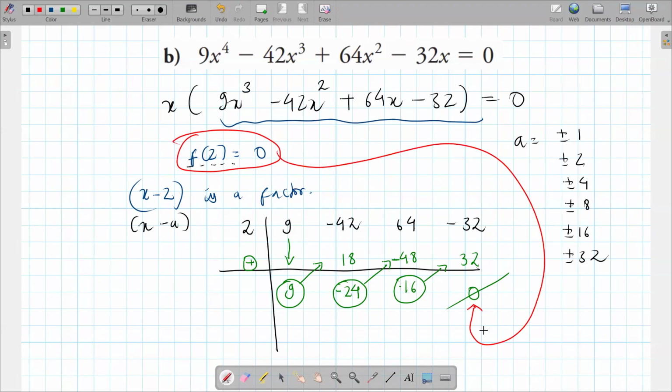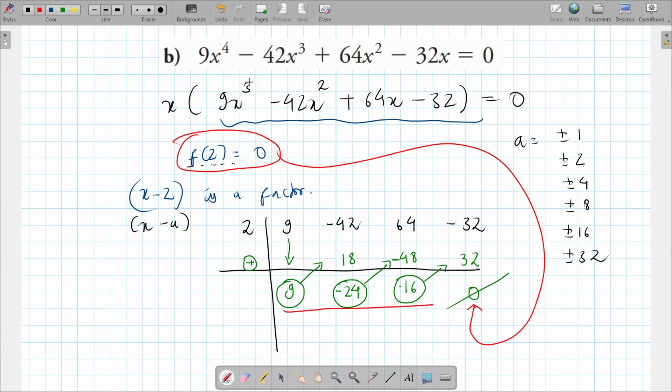What's the quotient? Any idea on what the quotient is? I'll give you a hint, it's right there.